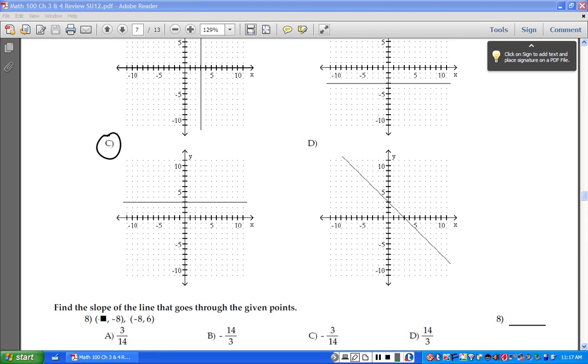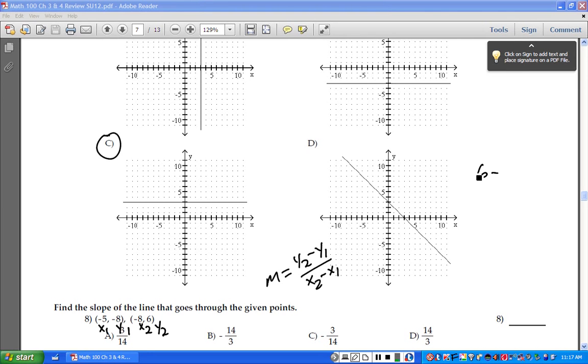Number 8 here says find the slope of the line that goes through the points. Well, we know slope equals y2 minus y1 over x2 minus x1. So y2, which is my 6, minus y1, which is a negative 8.